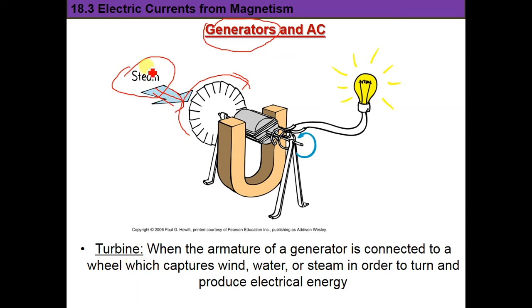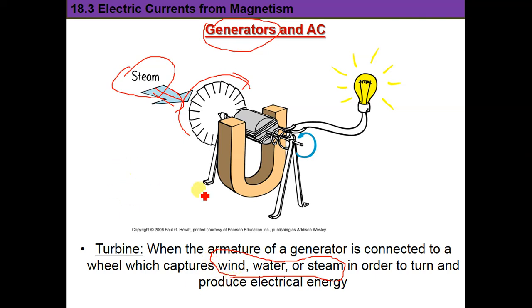Okay, a turbine. When the armature of a generator is connected to a wheel, it's like a wheel which captures maybe wind, maybe water, maybe steam, in order to turn and produce electrical energy. So here it depends on the type of power plant we have.